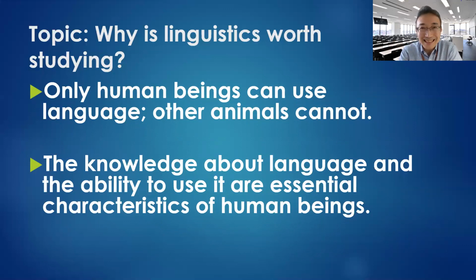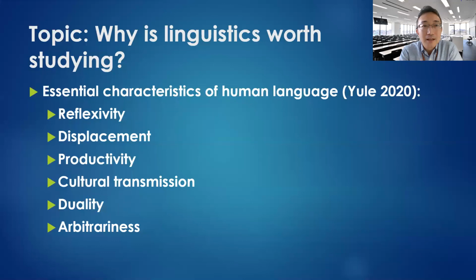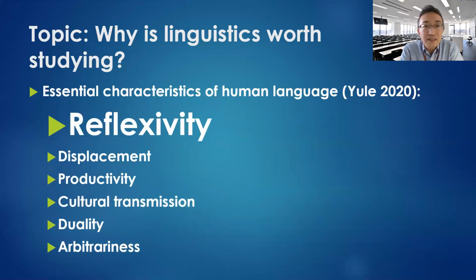So what does this mean? There are essential characteristics of human language, and this is taken from the book written by George Yule in 2020. There are 6 characteristics of human language which are essential. I cannot go into detail of each one of these, but in this lecture, I want to focus on reflexivity.